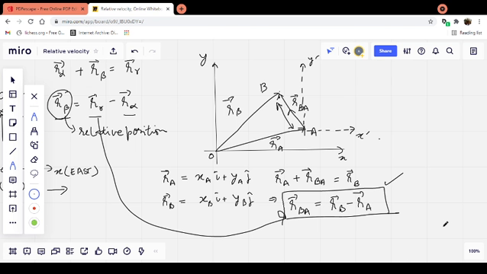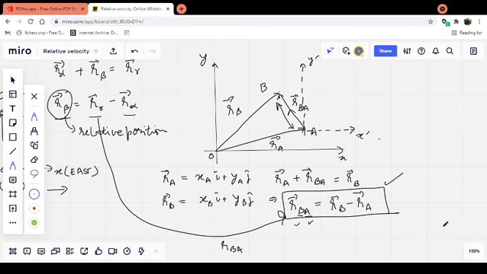This is called the relative position, and the subscript is representing what we are trying to find. The subscript here is very important. It is telling us that I am trying to observe B. So that's why B comes first, and then with respect to what I am trying to observe B, I am trying to observe B in frame of A. So B comes first and then A. So RBA means the position of B as seen by A. So let us write it.